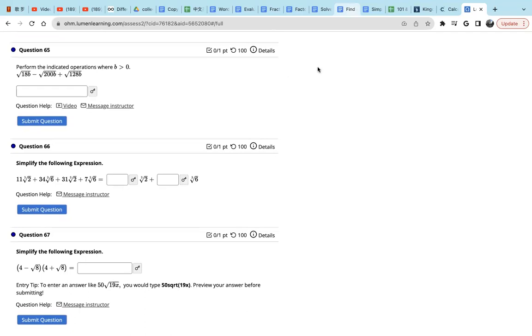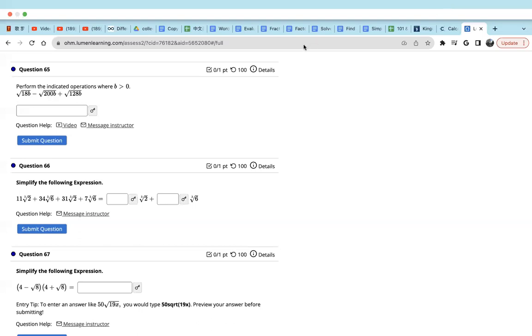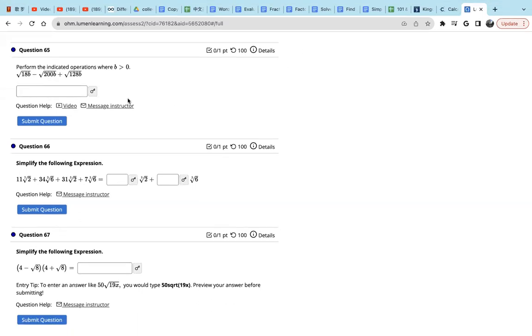We want to simplify this. We need like radicals. So square root of 18 can be written as 3 radical 2b, because 18 is 2 times 9, and the square root of 9 is 3.